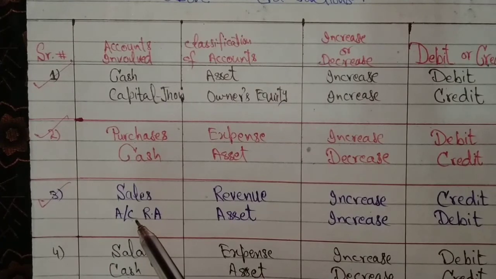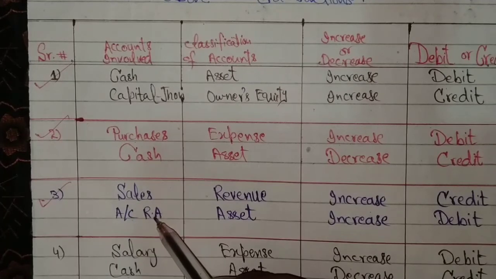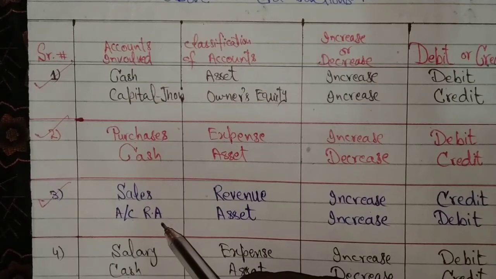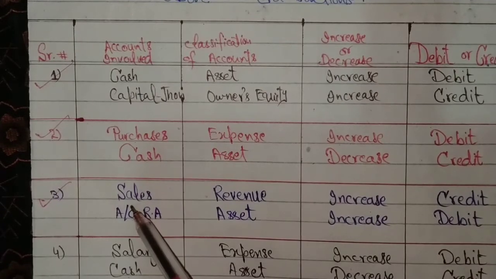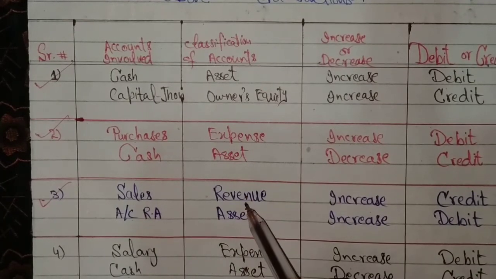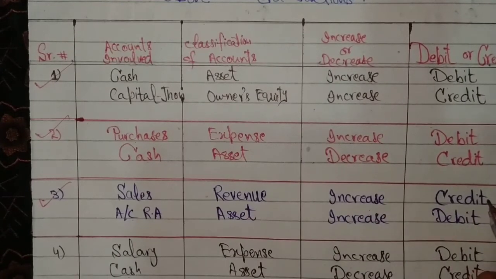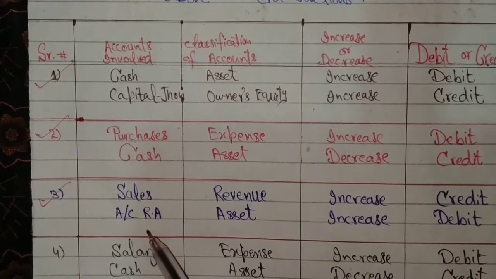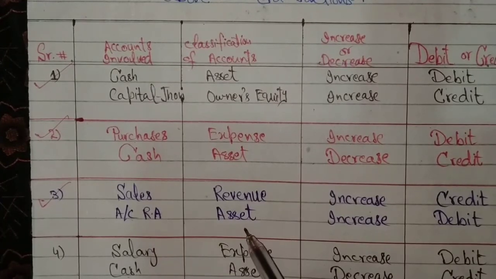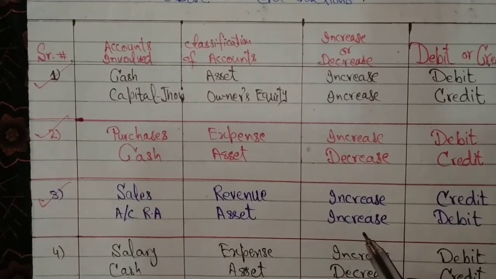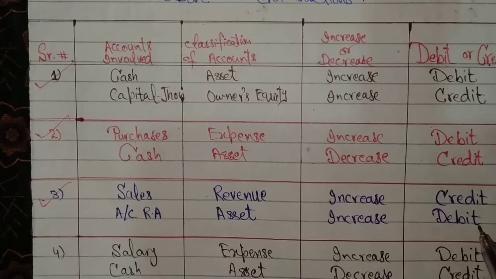Accounts receivable comes into existence. The journal entry of this transaction is accounts receivable to sales. Sales will be considered as revenue or increase and will be credit for the business. Accounts receivable will be considered as asset, an increase in assets, and will be debit for the business.